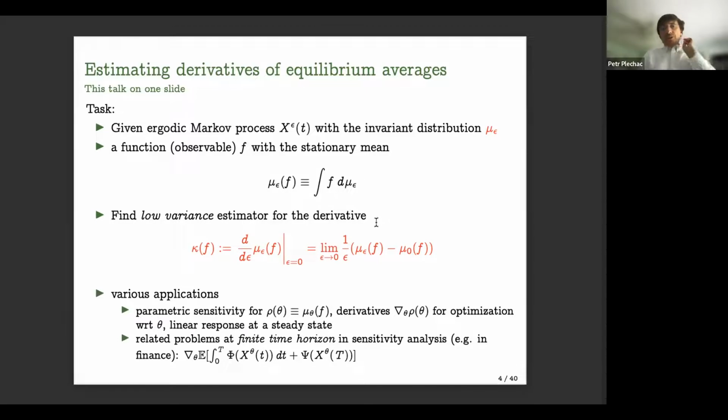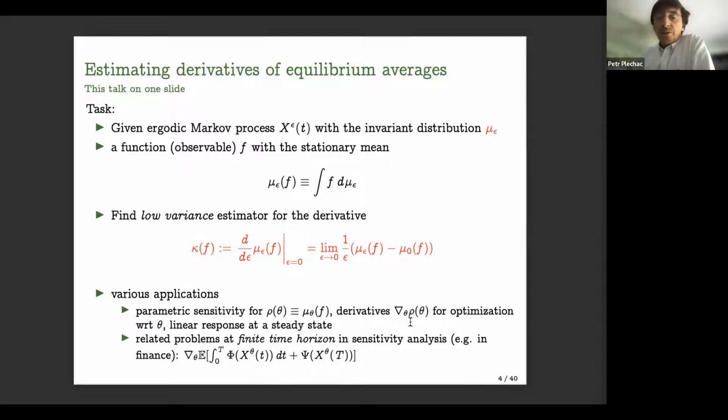This derivative, or this quantity kappa f, sometimes goes under the name of sensitivity index, but in general, what we want to get is really the derivative of this expected value with respect to some parameters. So it also has applications in stochastic optimization, or in the context of some learning problems.